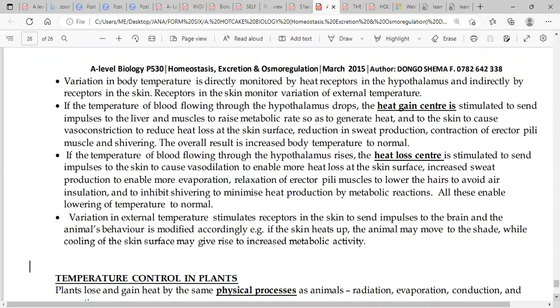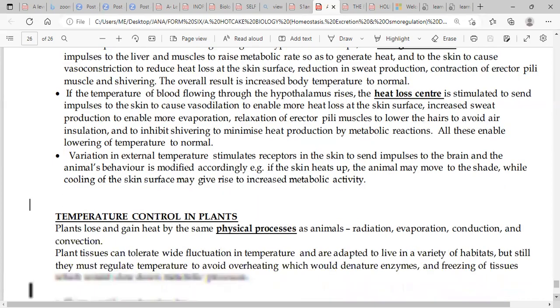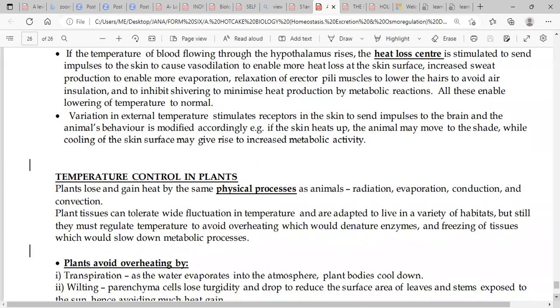So that is how it takes place. That is the hypothalamus, which is the control center for temperature within the brain.